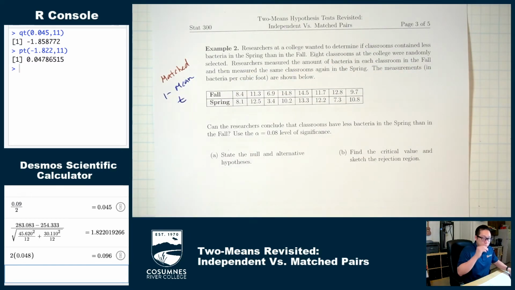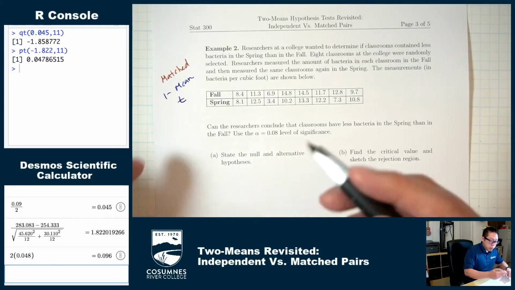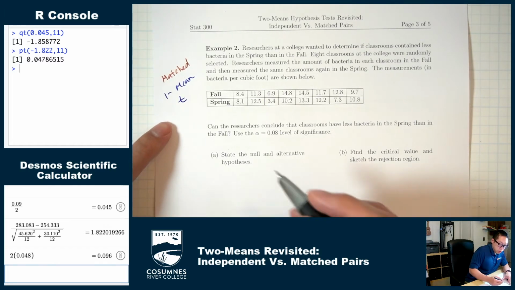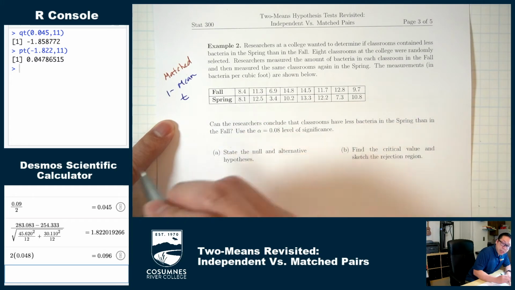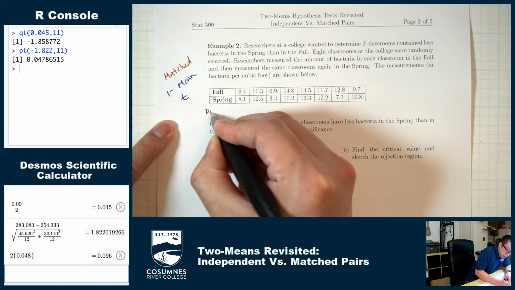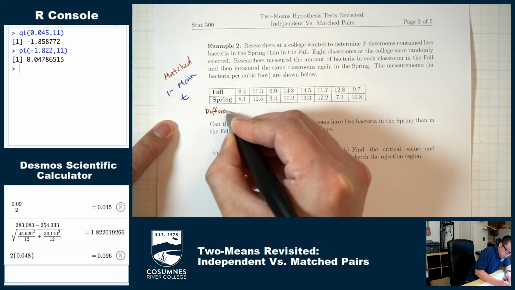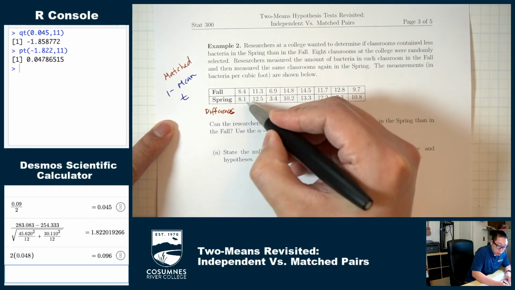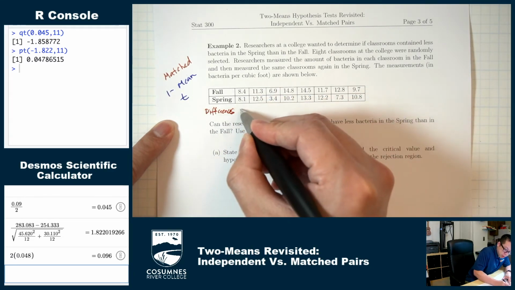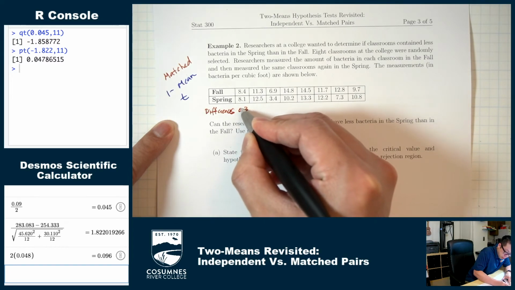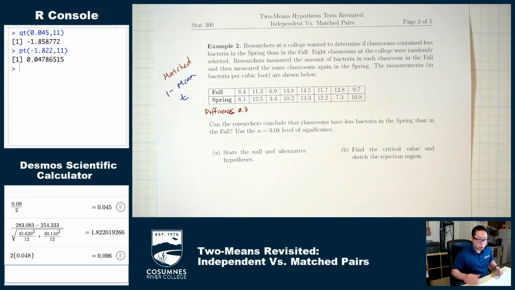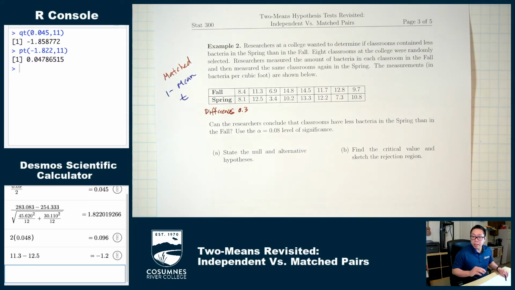Now, what do I mean by one mean? So if it's matched, what we're actually going to do is find the difference and subtract. So 8.4 minus 8.1 is, I think, 0.3. 11.3 minus 12.5, so quickly, negative 1.2.